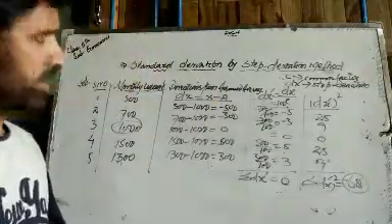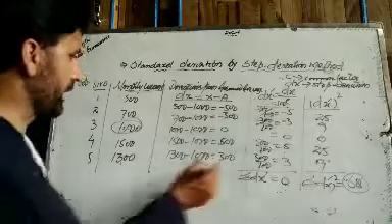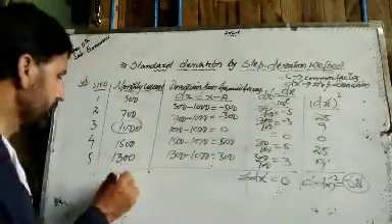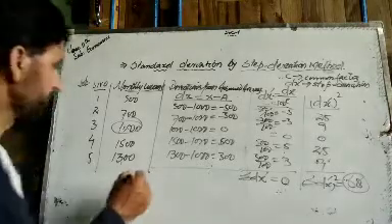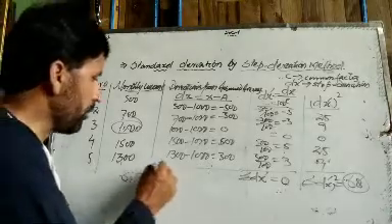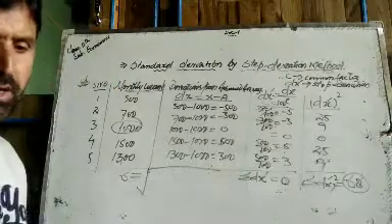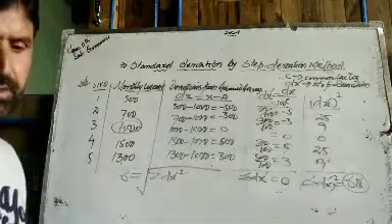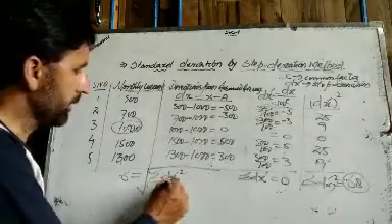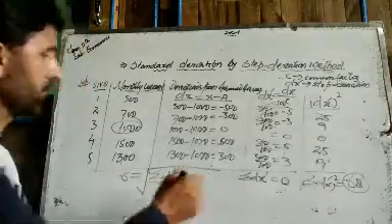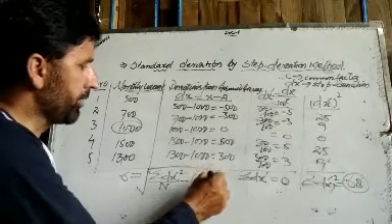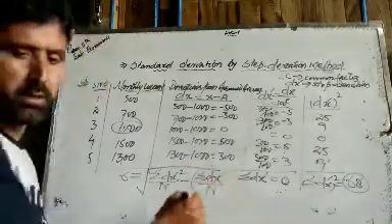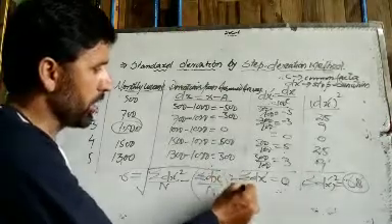Now dear students, to find the standard deviation, denoted by sigma, its formula is the square root of summation of dx dash square upon n minus the square of summation of dx dash upon n, into c.